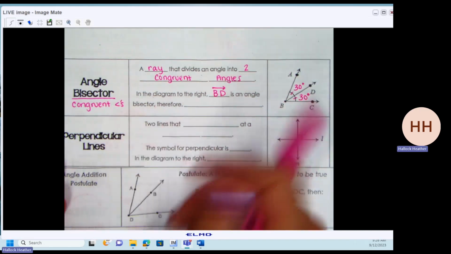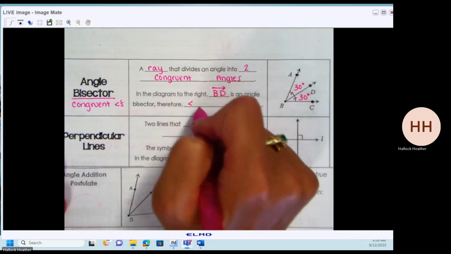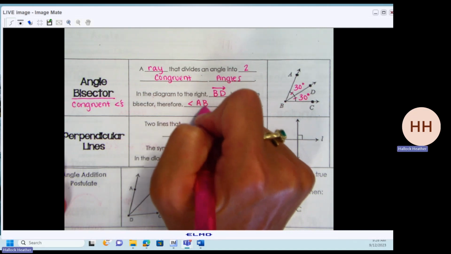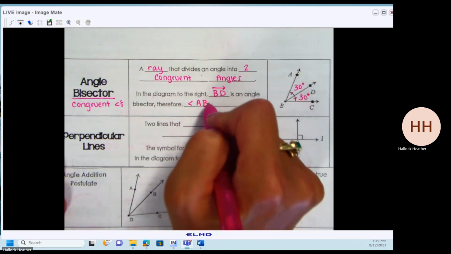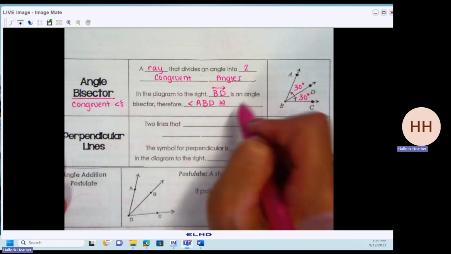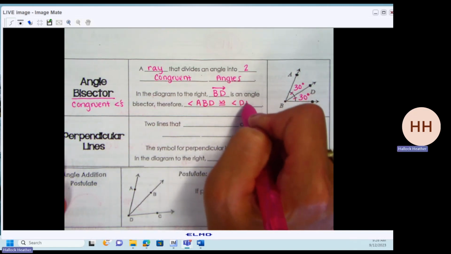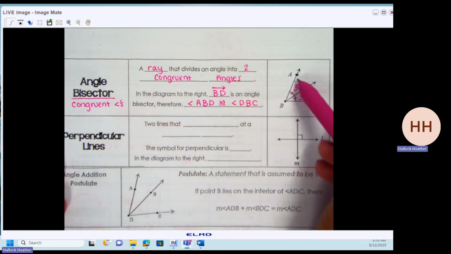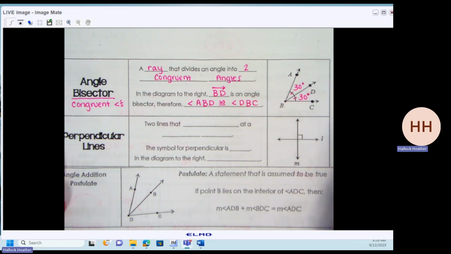So I'm going to say, therefore, angle ABD is congruent to angle DBC. So if this was 30, then this would be 30. The big angle would be 60 because I'm splitting it into 2 equal parts, 30 and 30.